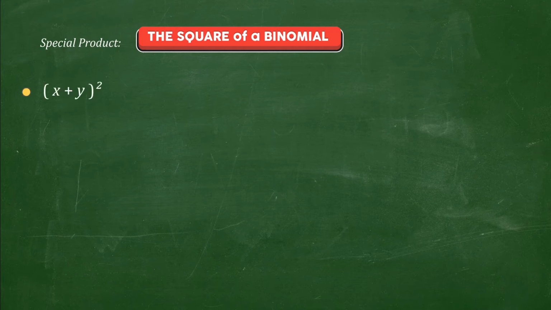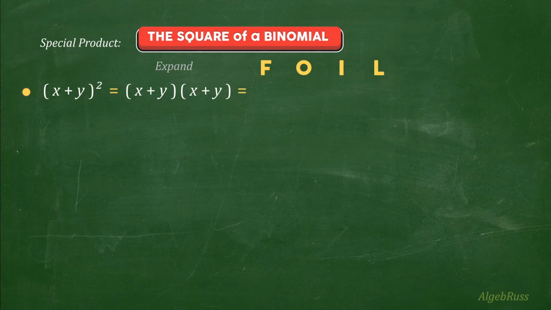First up, what is the square of the quantity x plus y? Basing from our previous example, we expand first, like so. Then we multiply by FOIL. Let's quickly show that the first terms, x times x is x squared. Outer terms, x times y is xy.